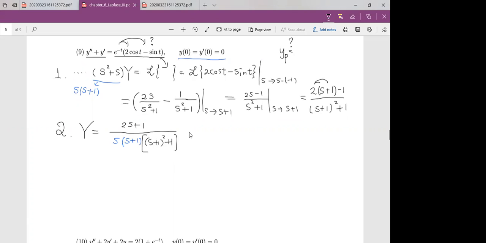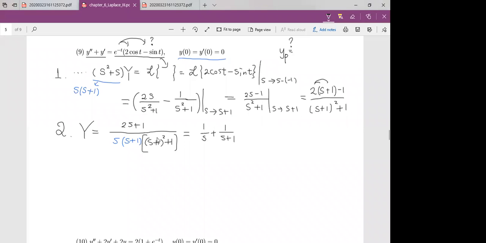And then eventually you want to decompose that, right? And actually you already found the decomposition. So look at this denominator. We have a product of two distinct linear factors. So that's why we have something times 1 over s, and then something else times 1 over s plus 1.